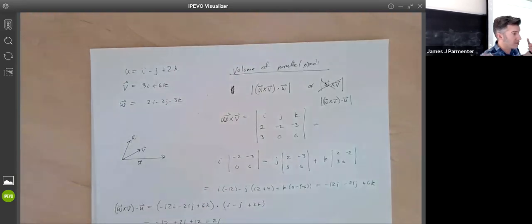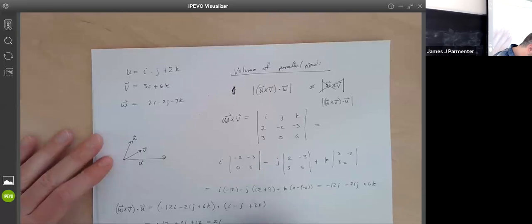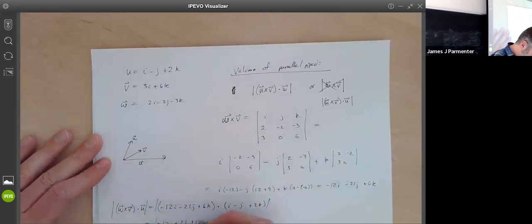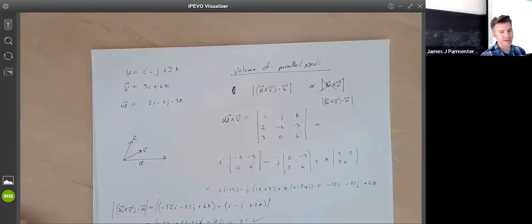So good. It doesn't matter which way you do it as long as you don't make stupid mistakes. So our answer is the absolute value of this, which is 21. You don't really need to throw those absolute values on there, but if it was negative, then you would need to make sure it came out positive, because it is a volume and it should have a positive number. All right, that is all I got.